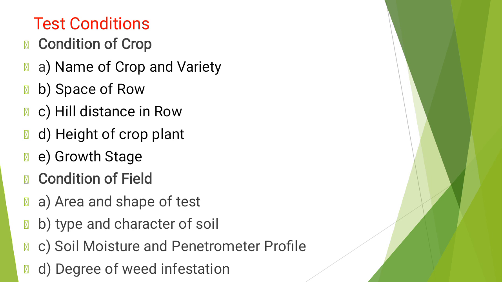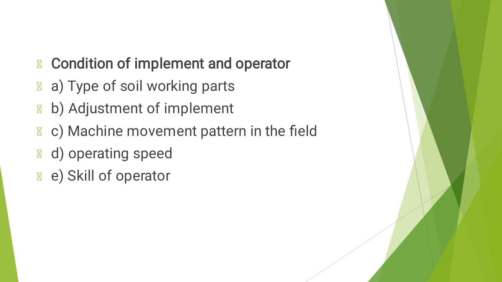Now the test condition. You should check the first condition of the crop: the name of the crop and variety, row spacing, hill distance in the row, height of the crop plant, and growth stage. In the condition of the field, that is the area and shape of the test plot, type and character of the soil, moisture and penetrometer profile, and degree of weed infestation.